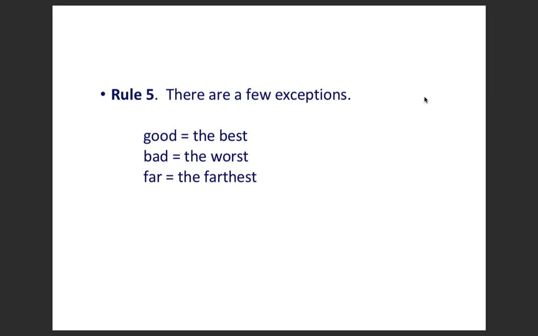Rule number 5. Again, there are a few exceptions. These are irregular adjectives that you need to remember. Now, let's go back to the word good. So, you cannot say gooder or goodest. That is a big mistake and it never existed. So, for the adjective good, the comparative is better, superlative is the best.